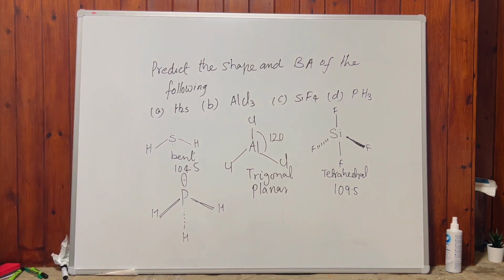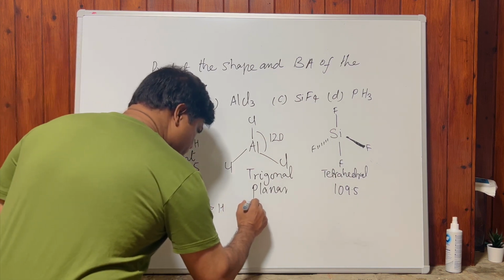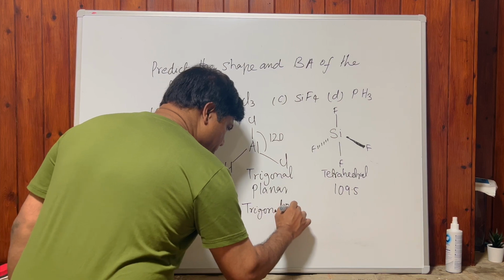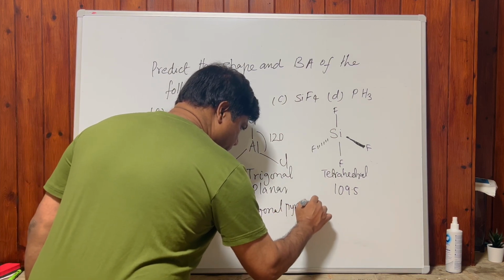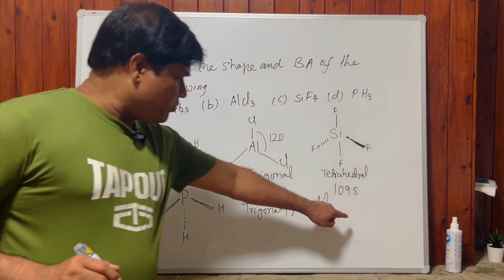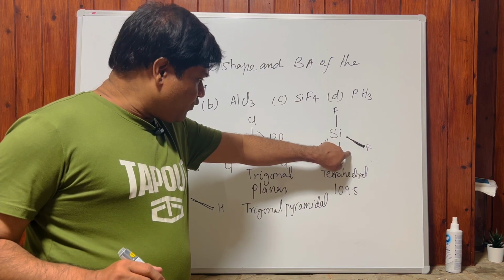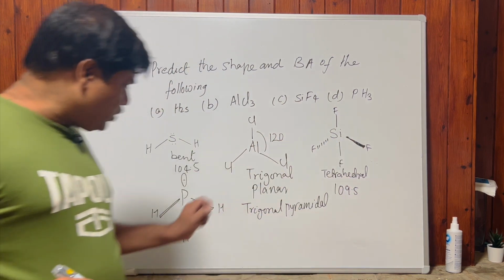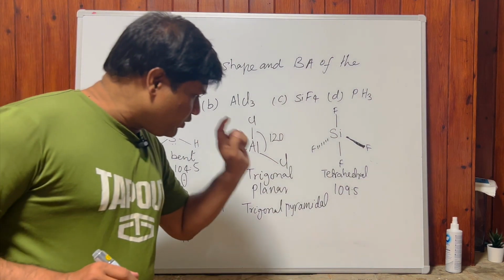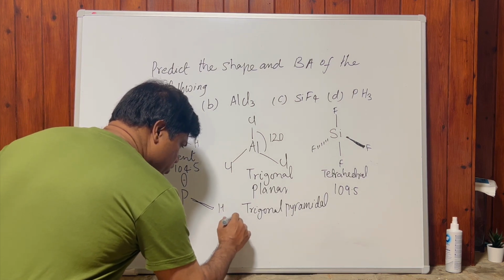PH3 is phosphine. The shape of the molecule is trigonal pyramidal. Bond angle, any guesses? From 109.5, with 4 bonded pairs and no lone pair, when a molecule has 1 lone pair we have to subtract 2.5 from the bond angle. So it will be 107.